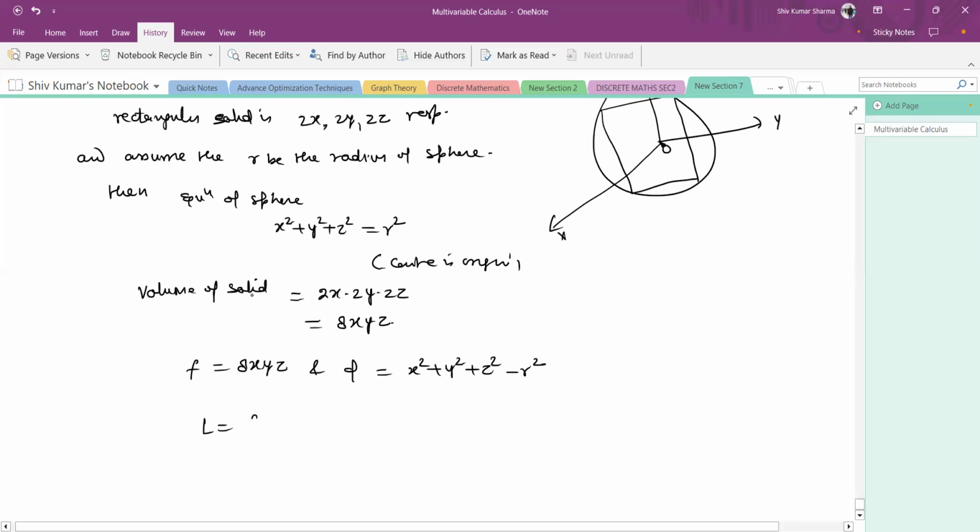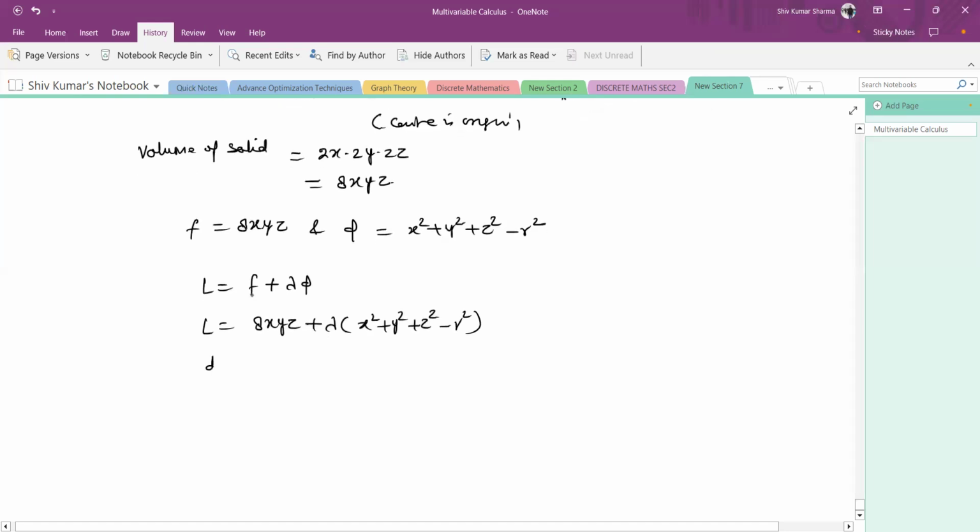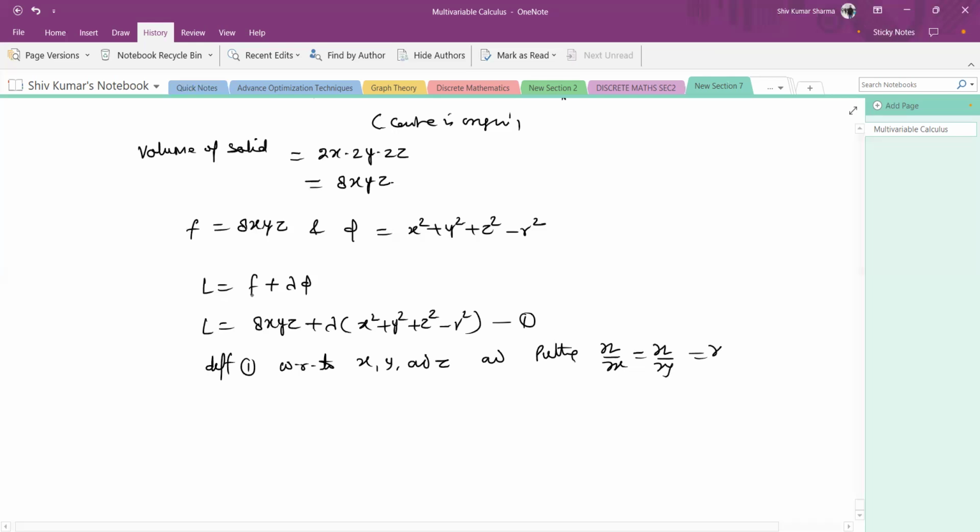So we make the Lagrange function: L equal to f plus lambda phi. So L equal to 8xyz plus lambda into x square plus y square plus z square minus r square. Differentiating with respect to x, y, and z, and putting del L upon del x equal to del L upon del y equal to del L upon del z equal to 0.